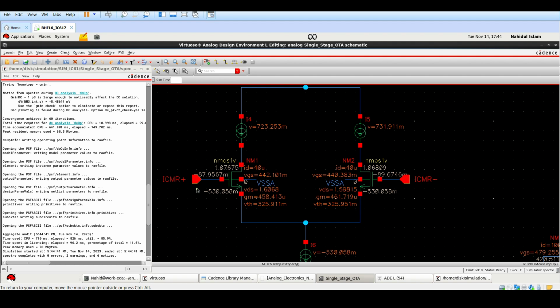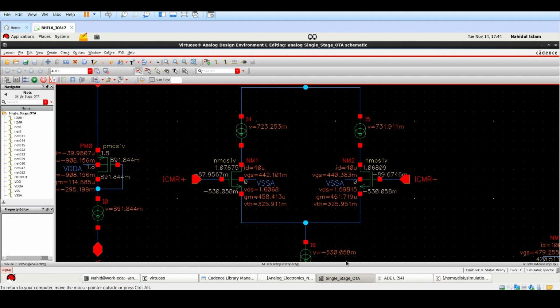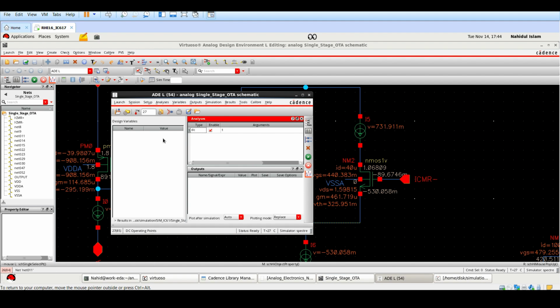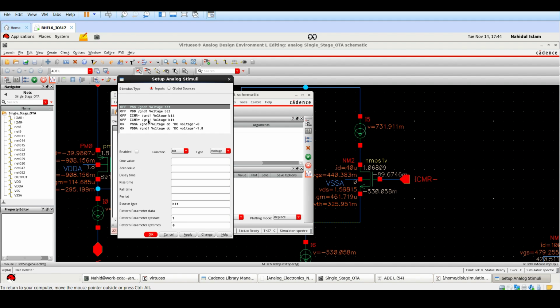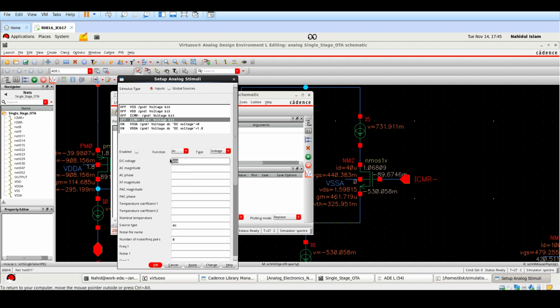After setting the length, I have to set the ICMR value. To extract the maximum threshold voltage, I have to set the maximum ICMR, which is basically 1.2.